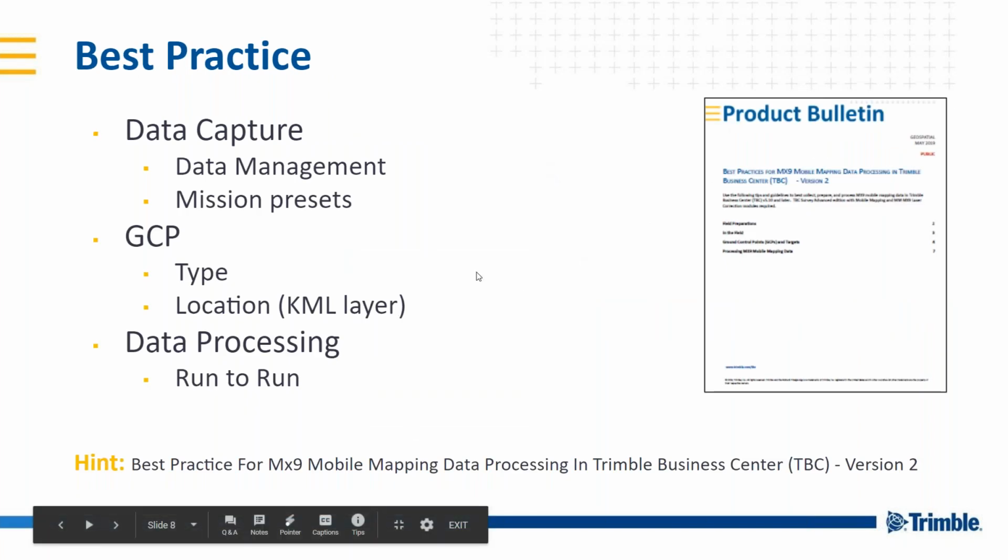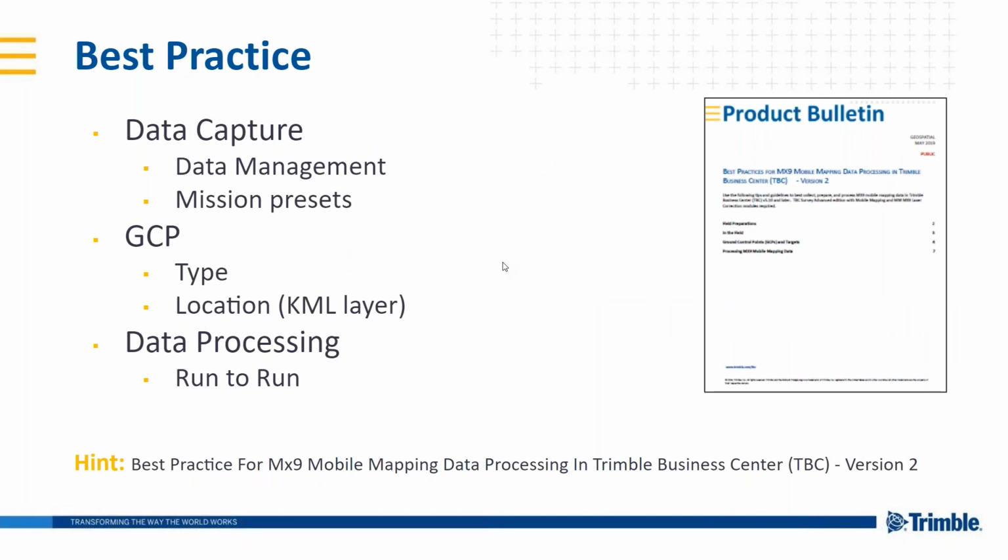For those users that have been working with TBC, this document might already be known to them. It is a well documented best practice for mobile mapping with the mobile mapping application for MX9, specifically for data capture, pre-processing, and post-processing.